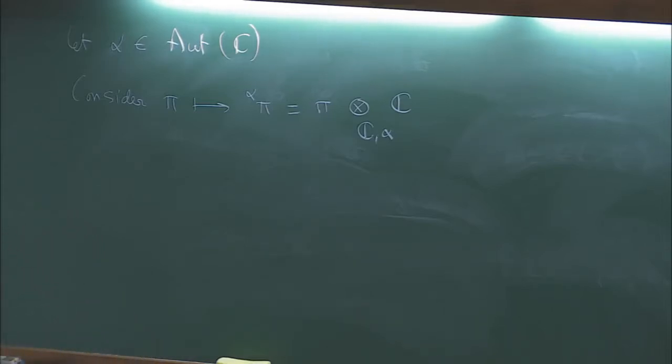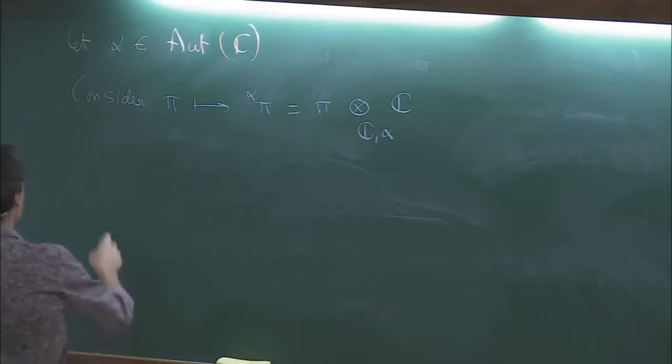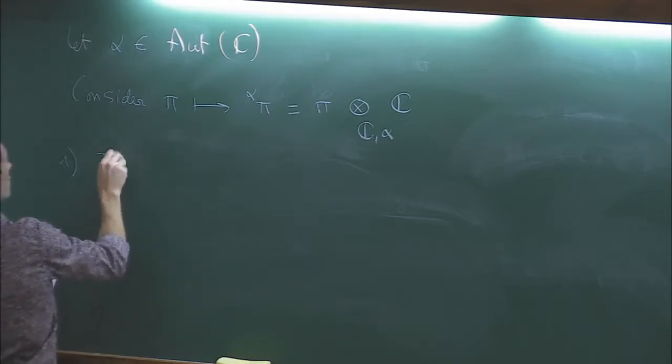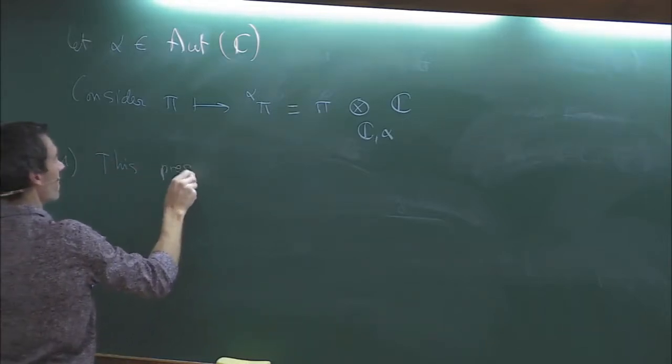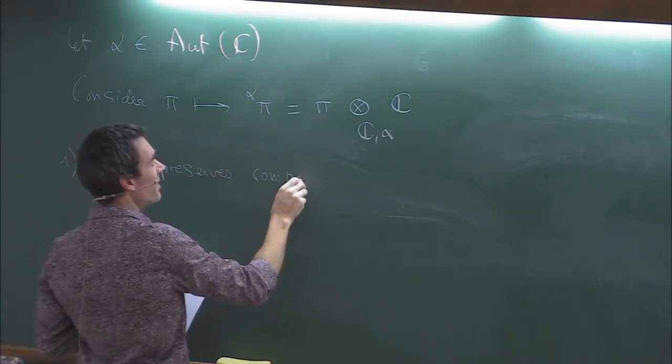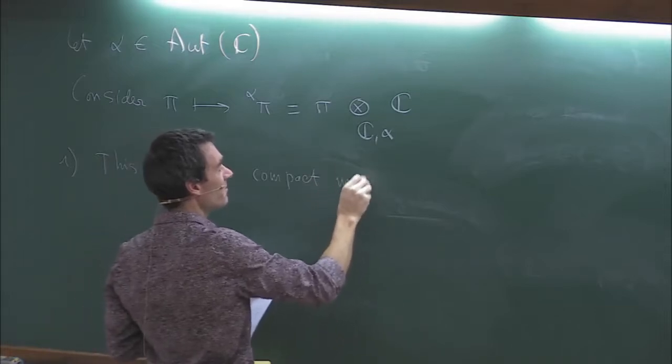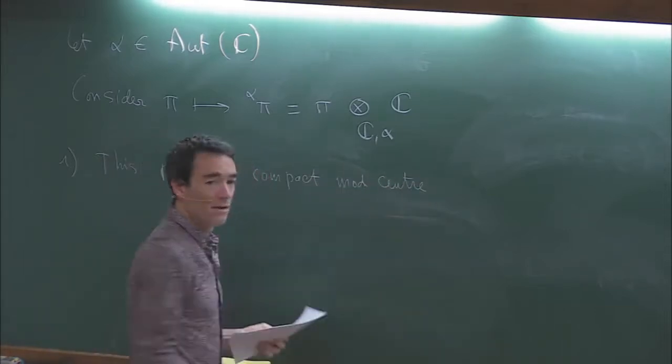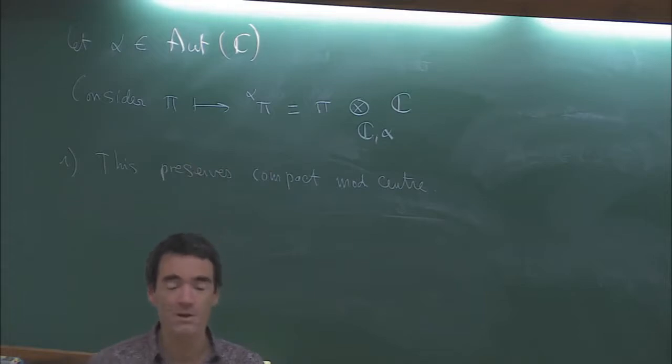So what are the properties which are preserved by this operation? First, this preserves the fact of being compact mod center. If you look at the definition of compact mod center representation, it only has to do with the support of the coefficients of the representation.